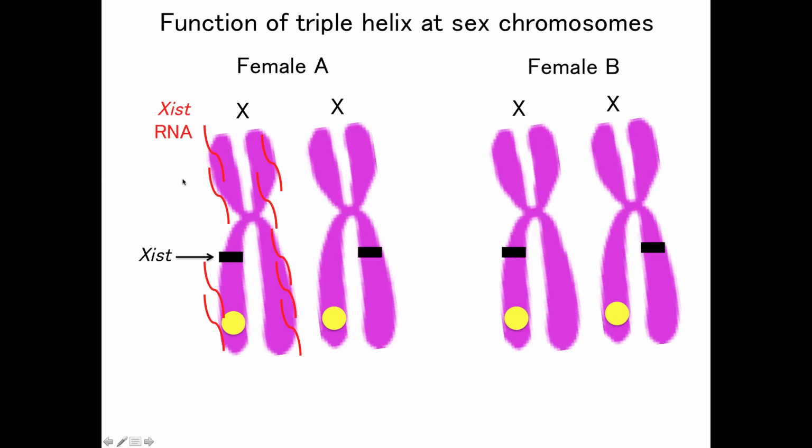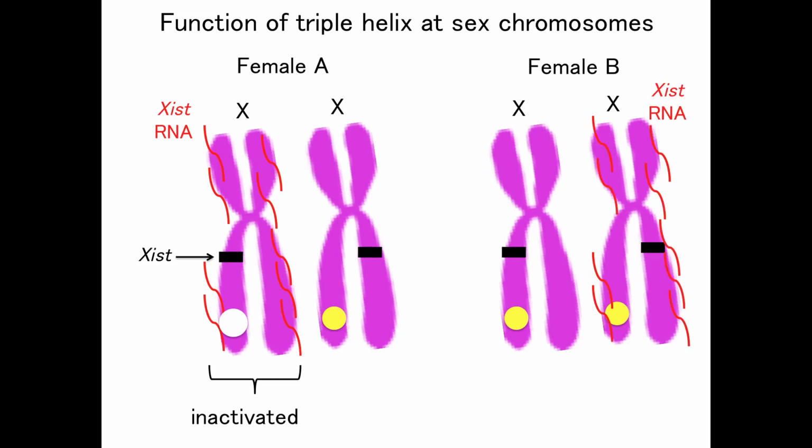And this existing RNA binds to the double-strand DNA. The RNA binding site is inactive, and the other site is active. So at this inactive chromosome, RNA binds to the double-strand DNA. In this case, RNA and DNA might form the triple helix.